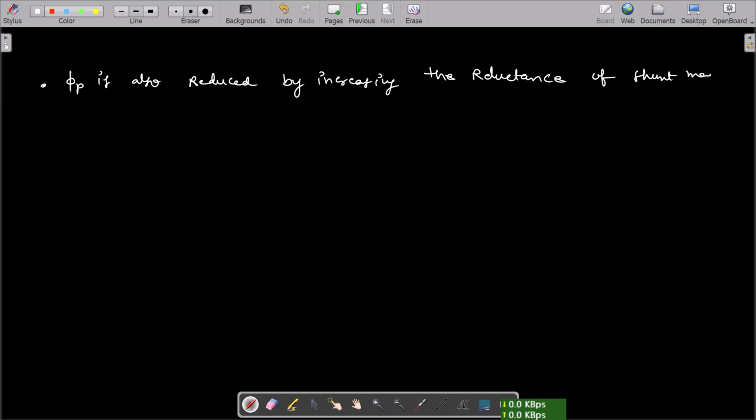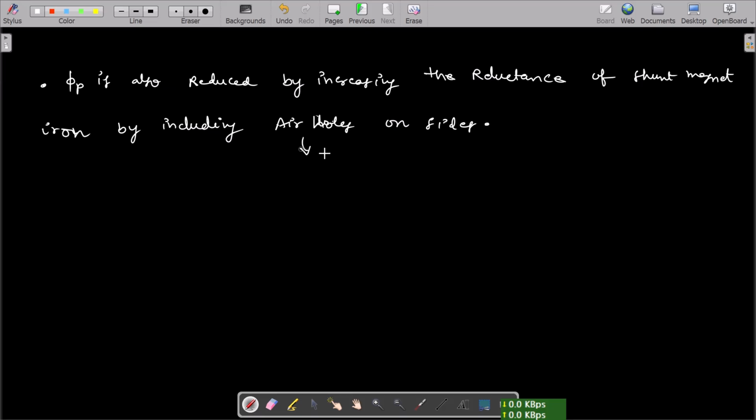Okay, and the other way is that phi sh is also reduced by increasing the reluctance of the shunt magnet iron by including air holes on the sides of that shunt magnet, because air has more reluctance.